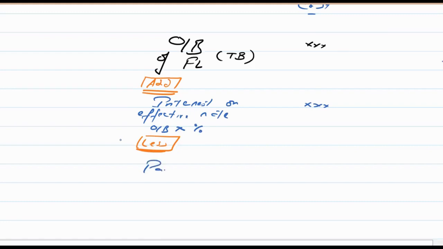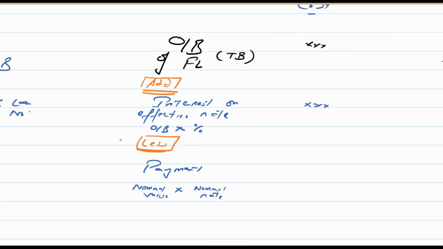And then we have the payment. Payment is always on the nominal rate. So what you do is you take the nominal value or the face value of the bond, multiply by the nominal rate. How the nominal rate is given usually with the bond, like when you see the trial balance, it says, for example, 6% loan notes, and then there's a balance.